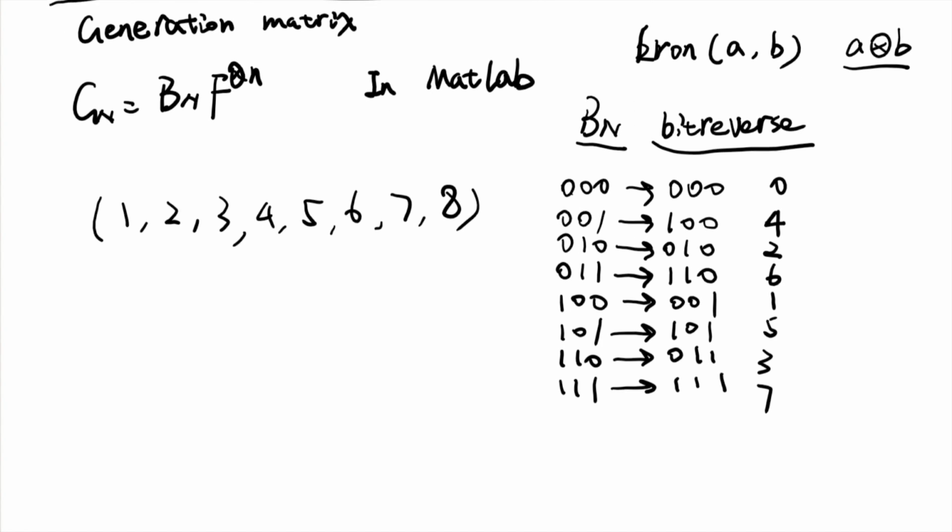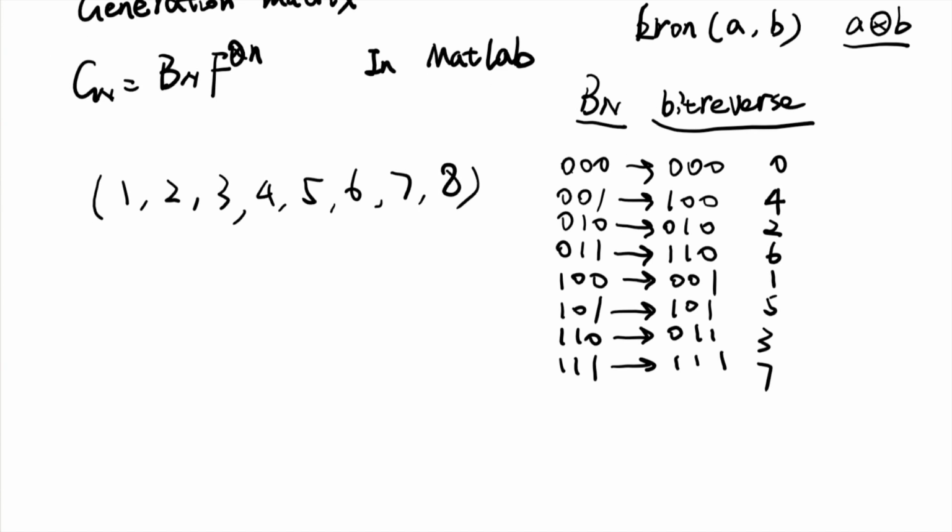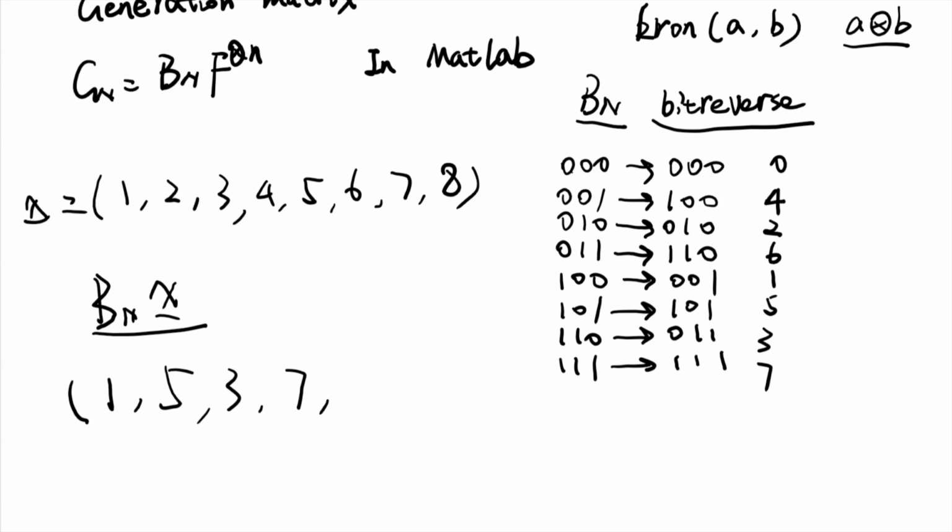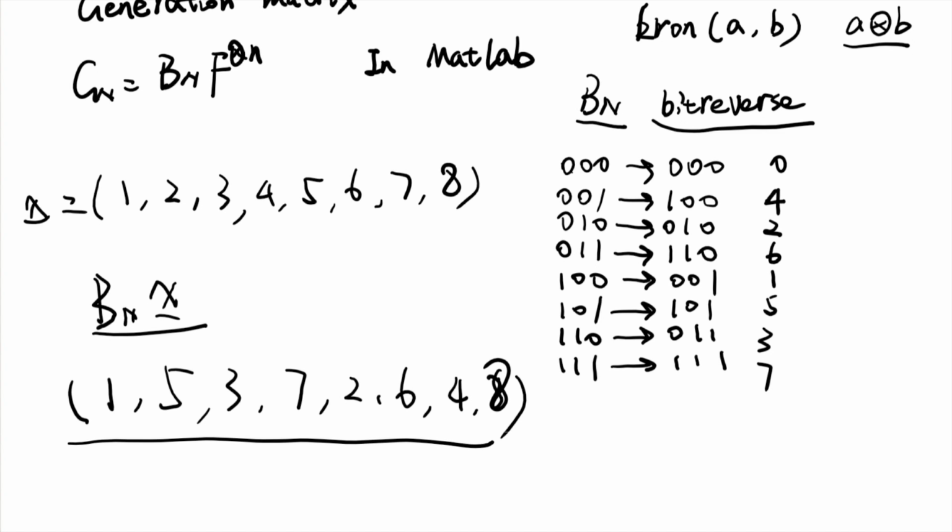If we apply Bn to x, we actually get 1, 5, 3, 7, 2, 6, 4, 8. This is what we got.